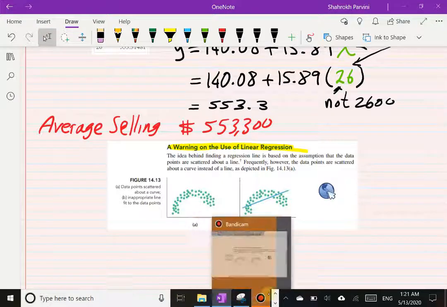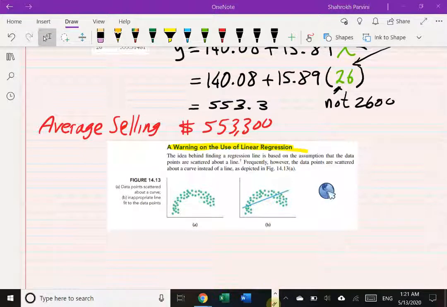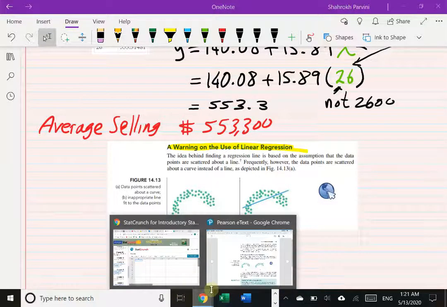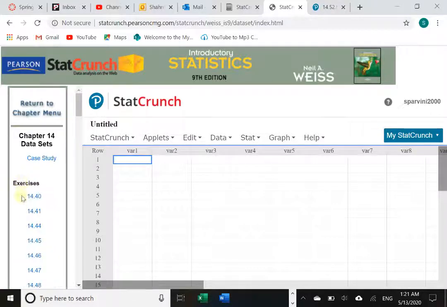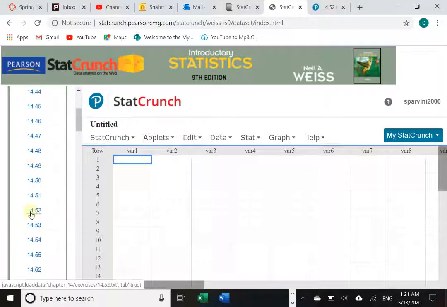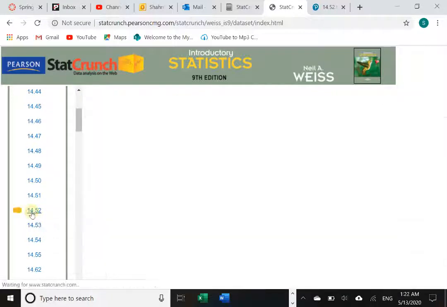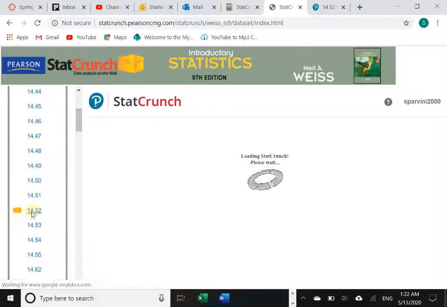So in exercise number 52, there you go. I already have StatCrunch running. I'm going to click on chapter 14 here, right here, chapter 14. And scroll down to number 52, and this will import exercise number 52.